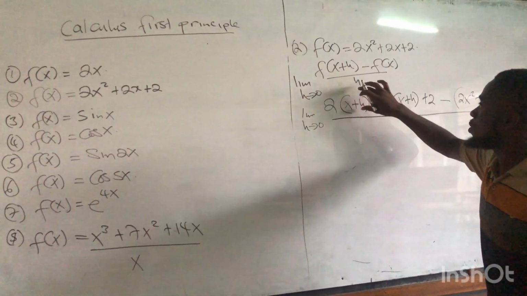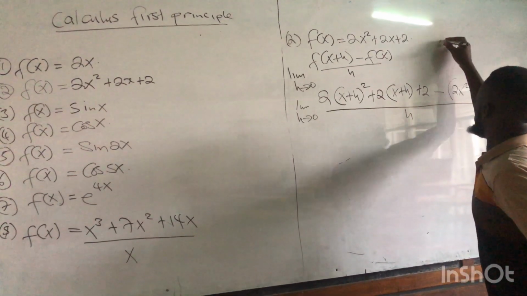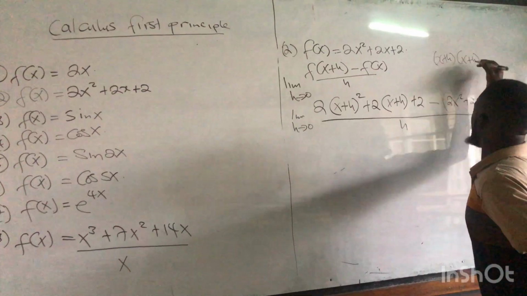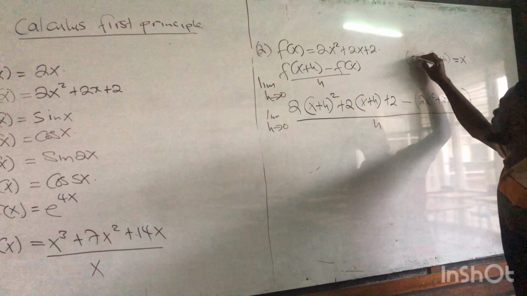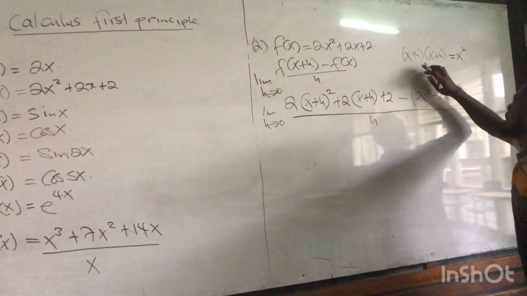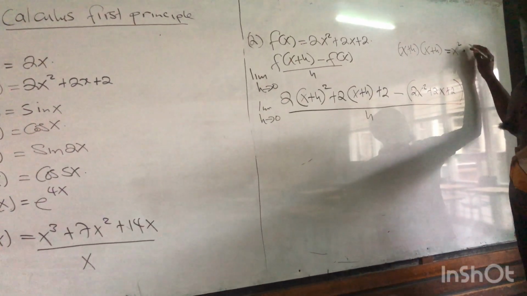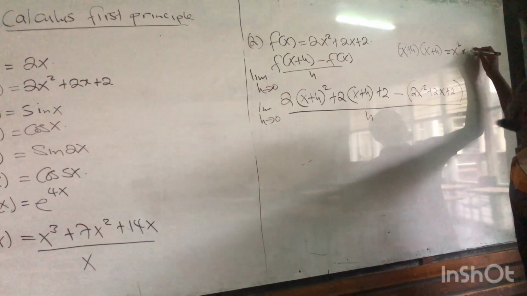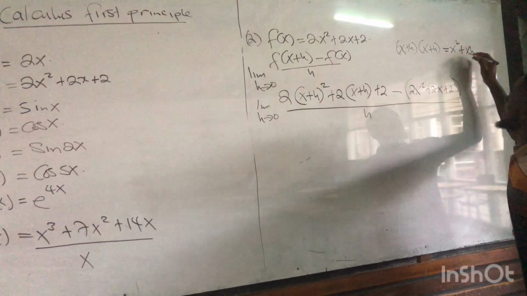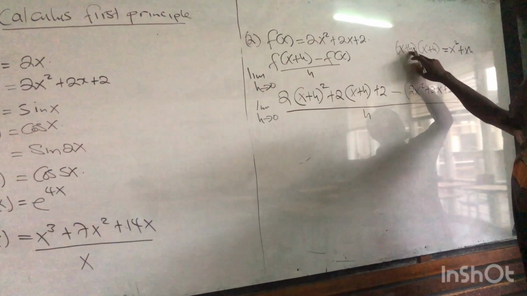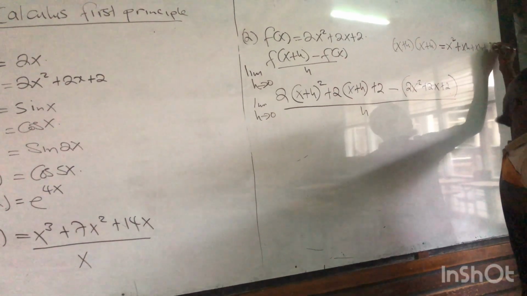So we have x plus h squared, and we need to expand this. This is the same as x plus h multiplied by x plus h. What is x times x? x squared. x times h is xh. h times x is xh, and h times h is h squared.